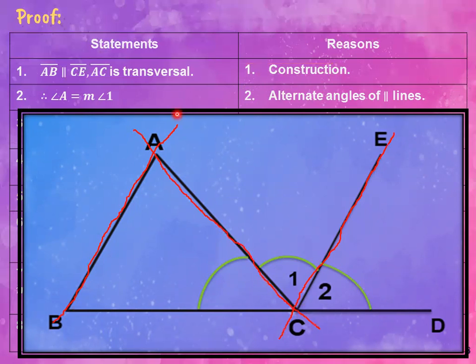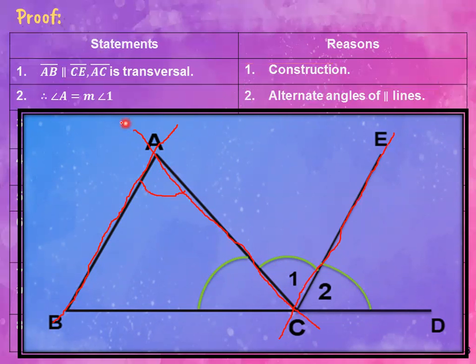Understand? After that you will form some types of angles. Here, as you can see, this is the interior angle, which is angle 1, and this is your angle A. This is the transversal. So angle A and angle 1 are on opposite sides of the transversal, as well as interior angles.